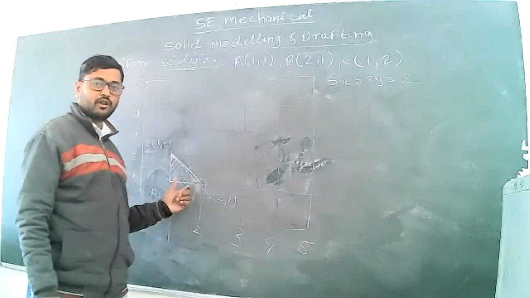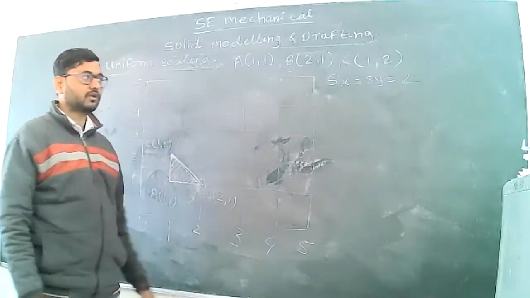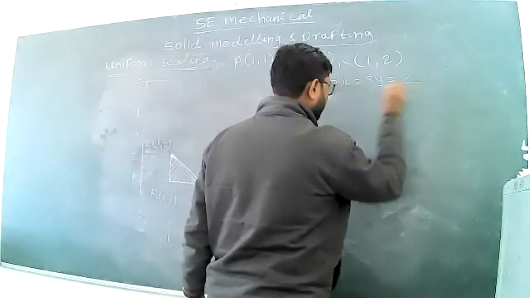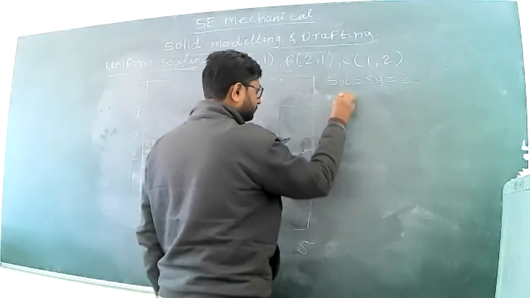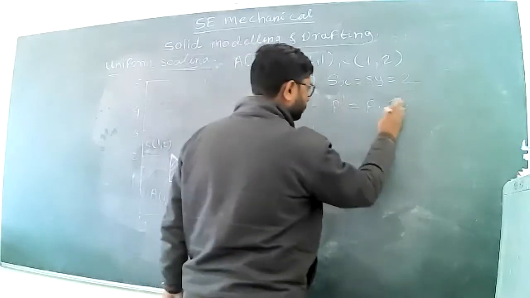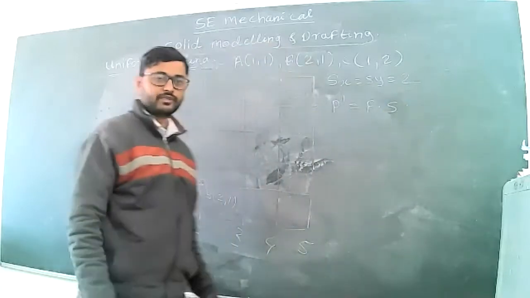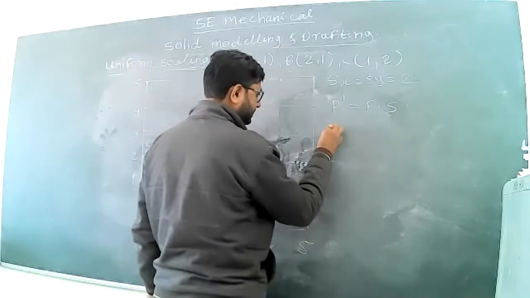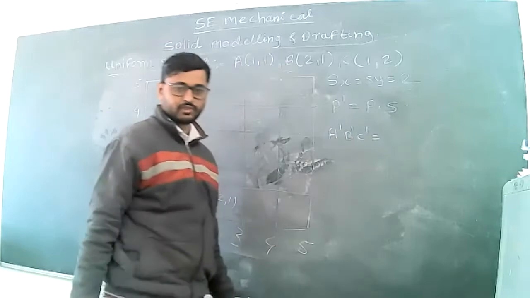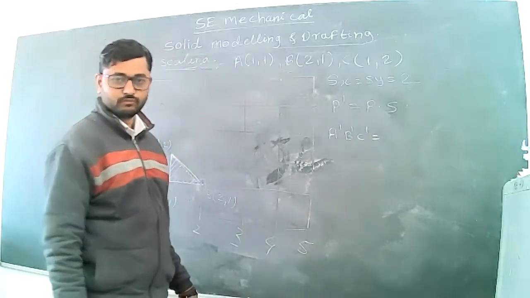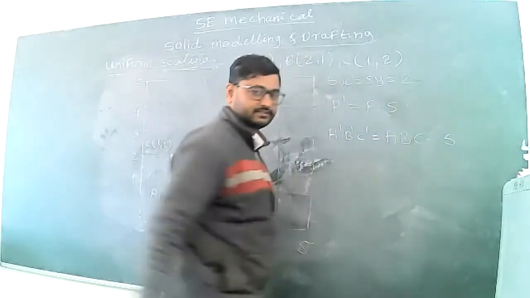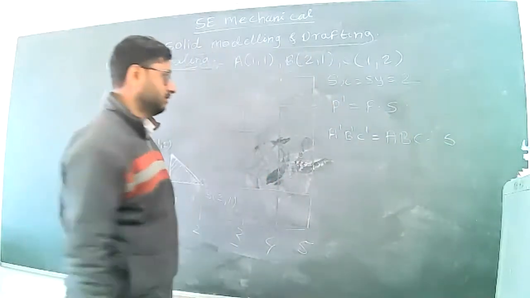That is scaling factor along x direction and scaling factor along y direction. Here we have to assume it is equal to 2. We know that the formula for scaling is P dash is equal to P into S. Here P dash is nothing but A dash, B dash, C dash is equal to A, B, C into S, where S is the scaling factor.